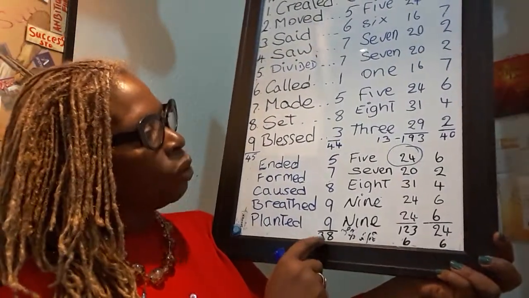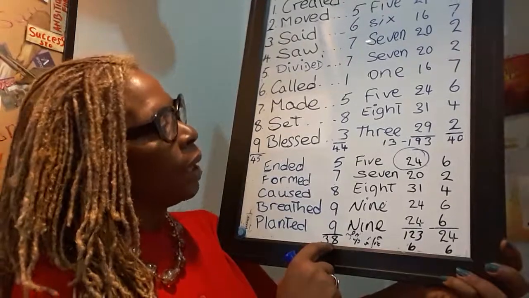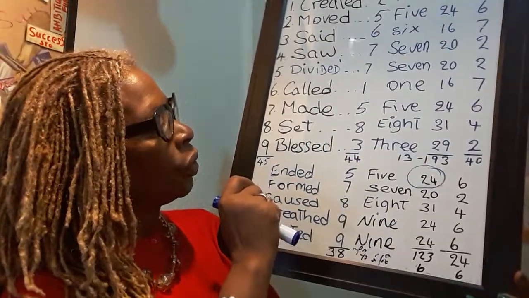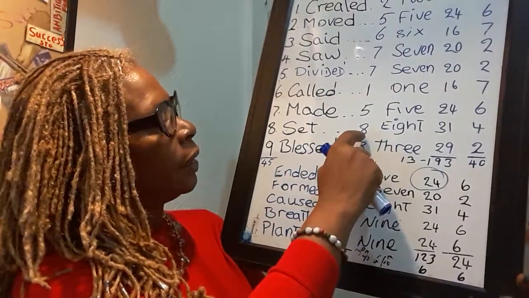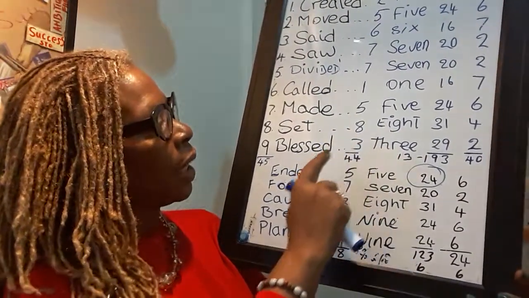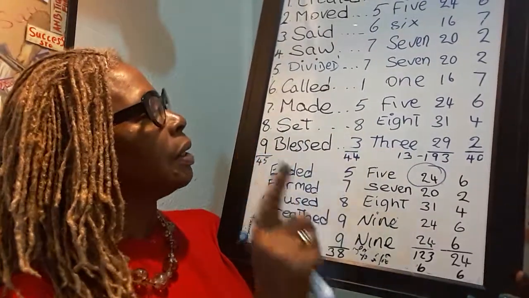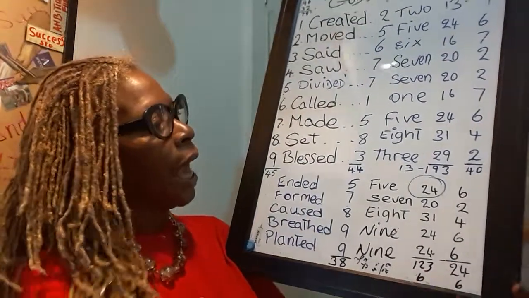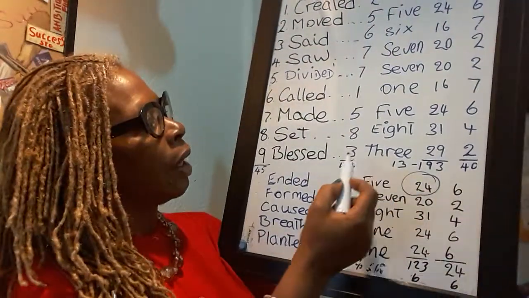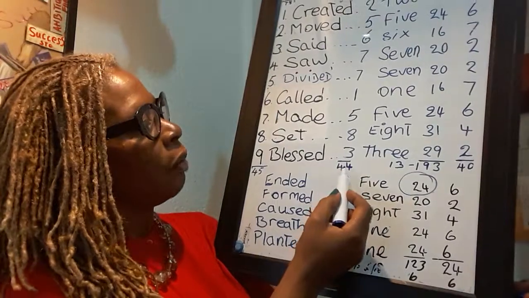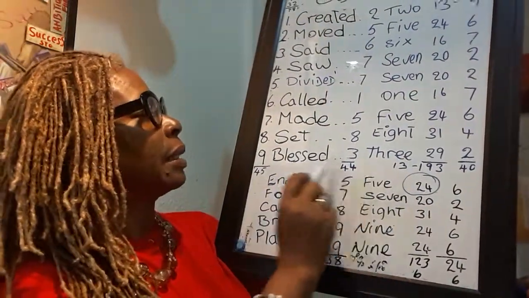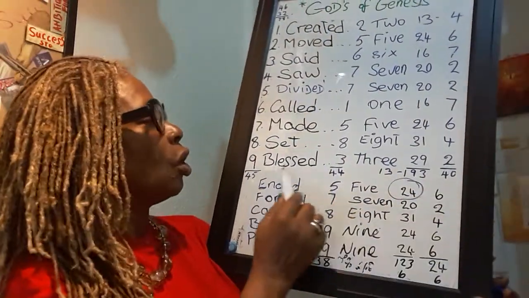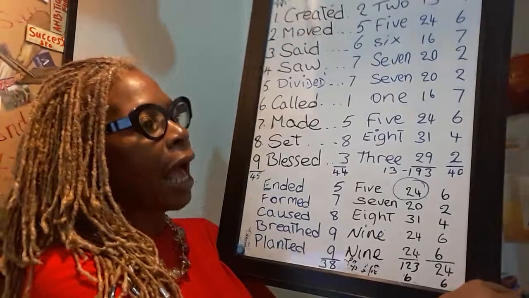This 38 would correspond with, sorry, I was concentrating on what it would be if we minus 3 from 44, meaning the blessed God, because the blessed God seems to be the God who starts the next cycle.